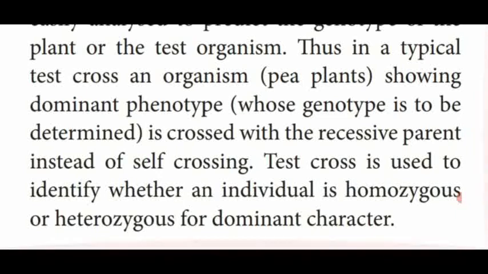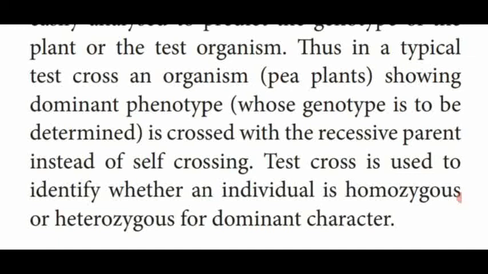We are able to get the homozygous tall plant as well as the heterozygous tall plant. That is the dominant character. That is the advantage of test cross. So what they are going to conclude in this paragraph is, what is test cross? The F1 generation is crossed with the recessive parent, that is the recessive dwarf plant of the parental one, which gives dwarf plants as well as tall plants.